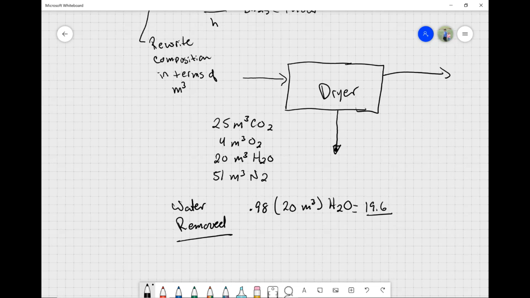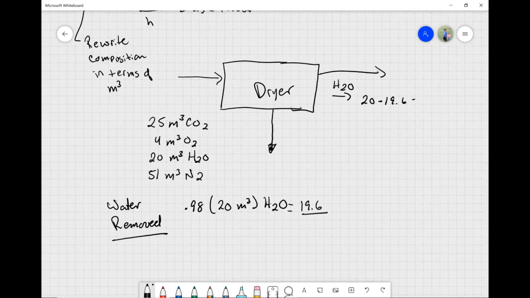The water that goes to the output gas ends up being 20 minus 19.6, which equals 0.4 cubic meters of H2O.